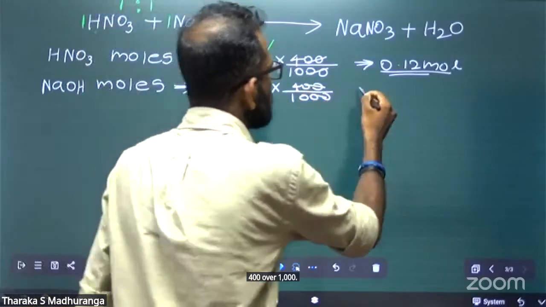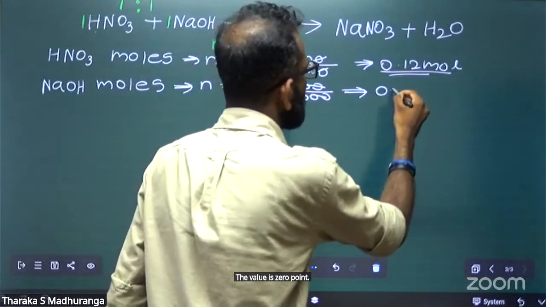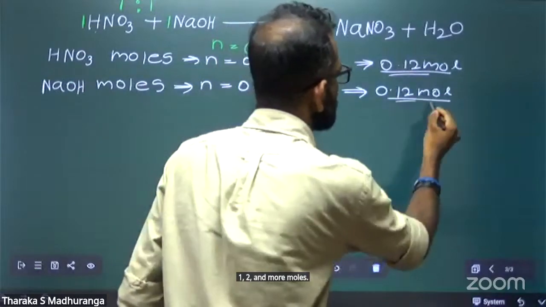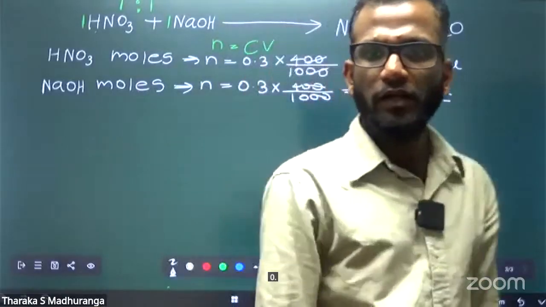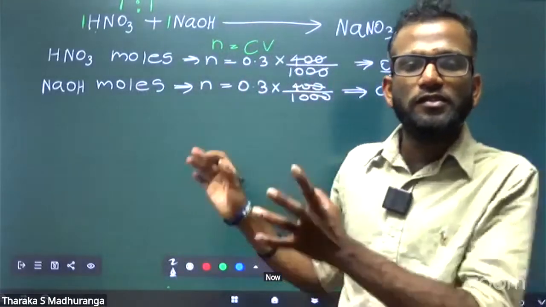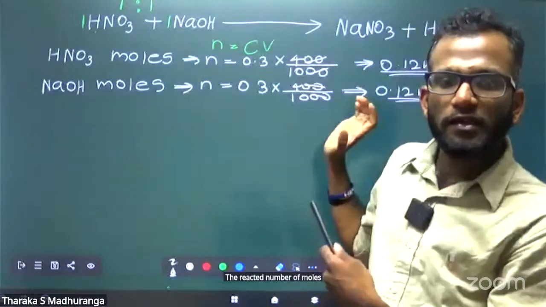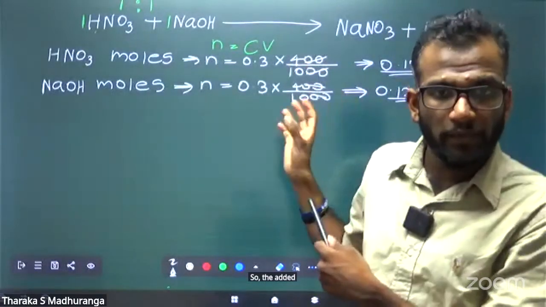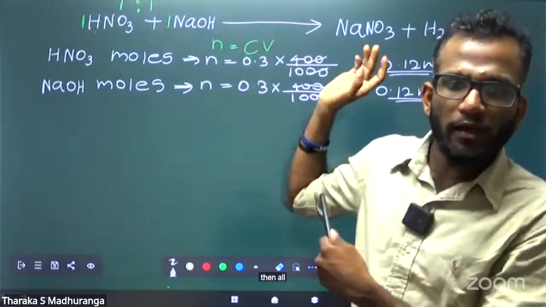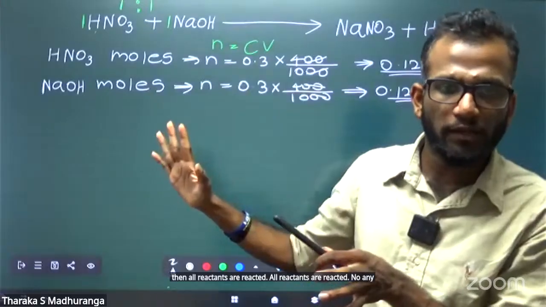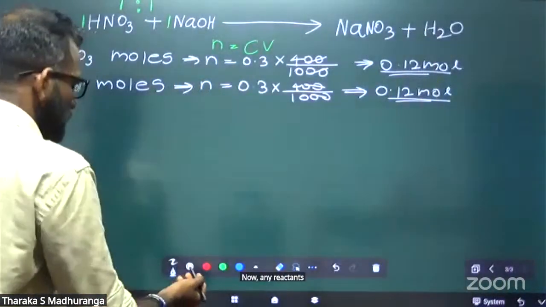The value is 0.12 moles. Now the stoichiometry is the same, and the added number of moles is the same. Then all reactants are reacted. No reactants remain here.